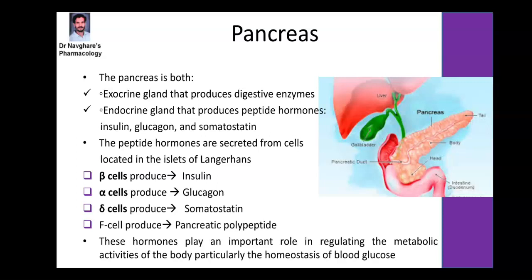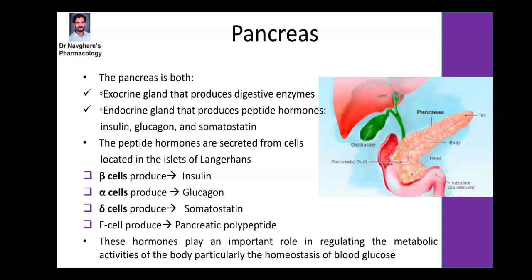So, prior to understanding what diabetes is, we have to understand the physiology of the pancreas. The pancreas is a gland which acts as both types of gland, that is exocrine as well as endocrine gland. Exocrine pancreas helps in digestion.